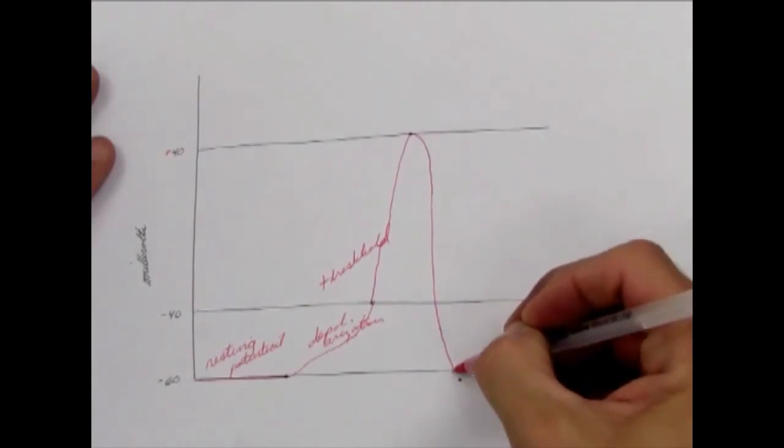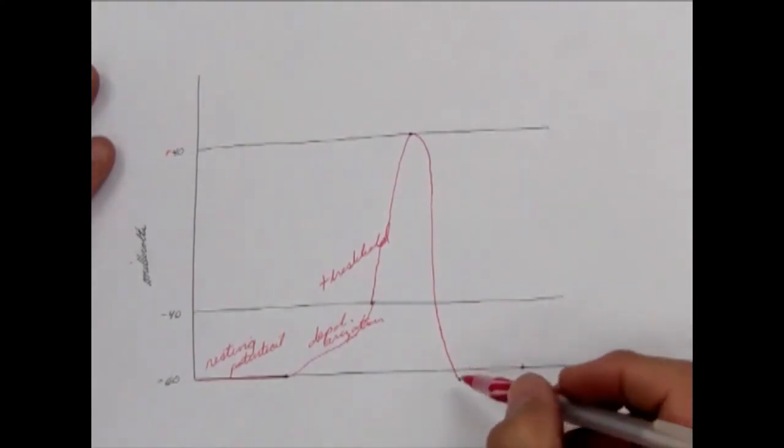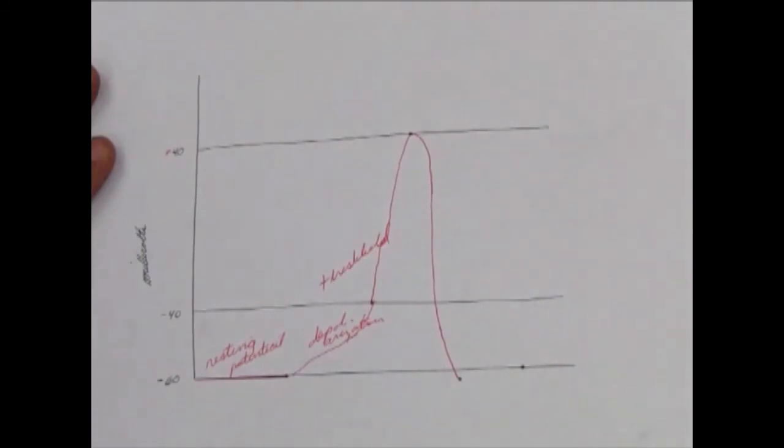And at negative 60 millivolts, there's a closing of the voltage-gated sodium channels. At this point, when the charge reaches negative 60 millivolts, there is a closing of the voltage-gated potassium channels.